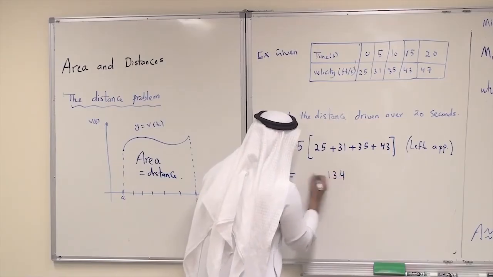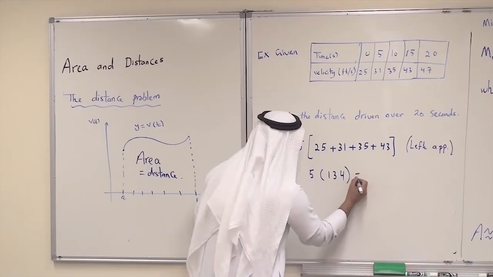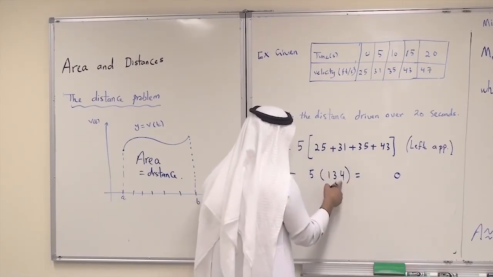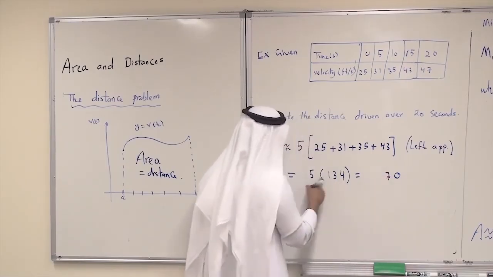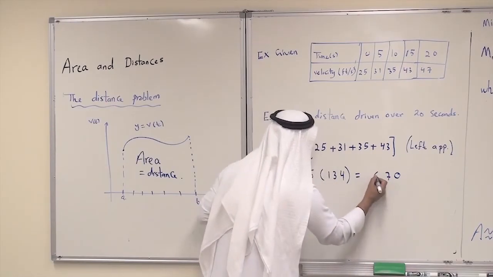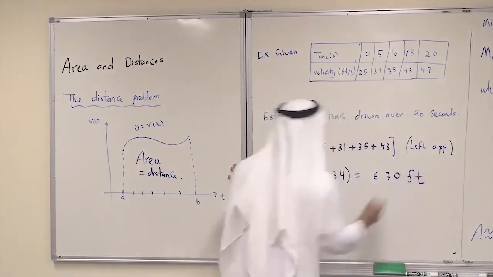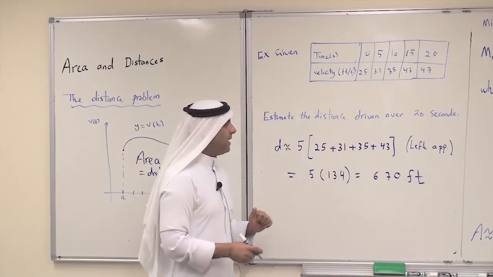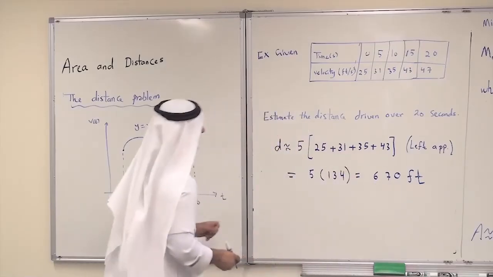So this is 13, multiplied by 5. Multiplying by 5, 5 by 4 is 20, 5 by 3 is 15, so that is 17, and 5 by 1, so this is 670. The distance is given in feet. So approximating the distance by using left points as sample points gives us a distance traveled of 670 feet.